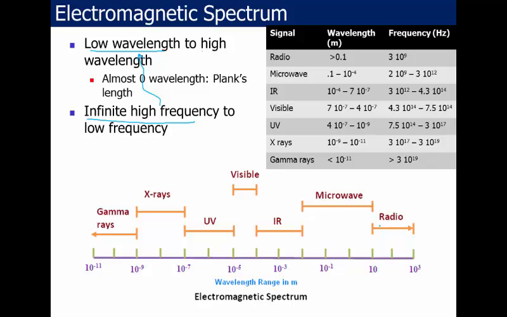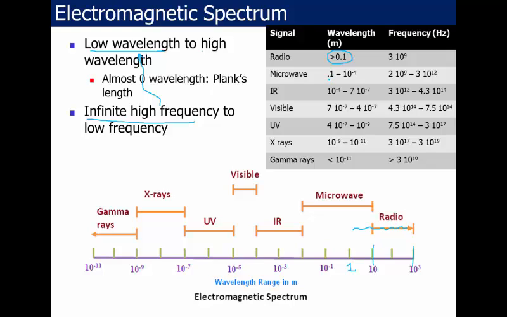So look at here. There is radio wave, with wavelength in meters. This is greater than that, so let's say 1 meter. Radio is more than 1, somewhere from here, according to this table. So that is a radio wave.